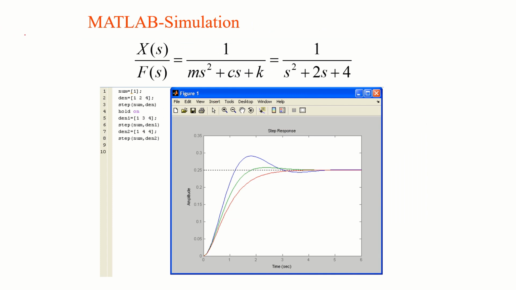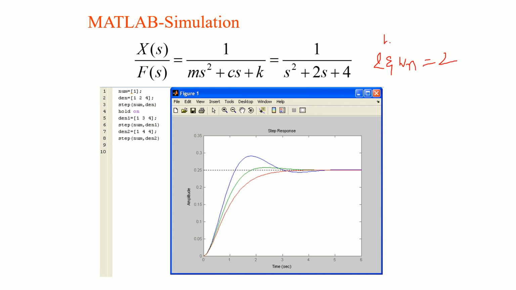Now you see here, I was just explaining. Earlier I just demonstrated, now you can understand. It is 1 to 4, means natural frequency is 2 radians per second. Damping ratio, here it is 2, means 2 zeta omega n is equal to 2, correct?